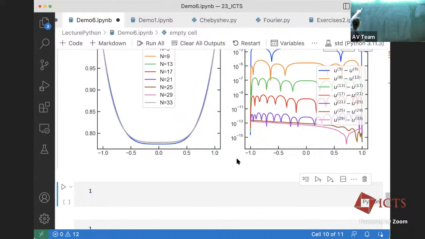The u double dot turns into D squared, u_ij u_j, sum over j. And the right-hand side is minus omega squared u_i.